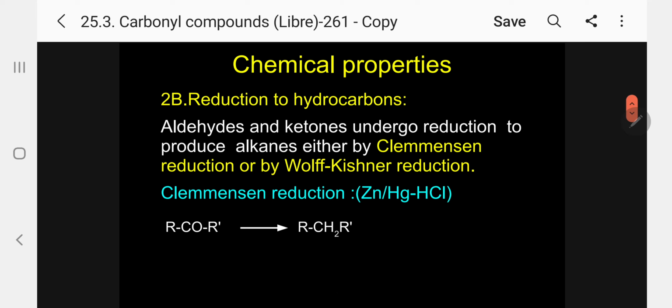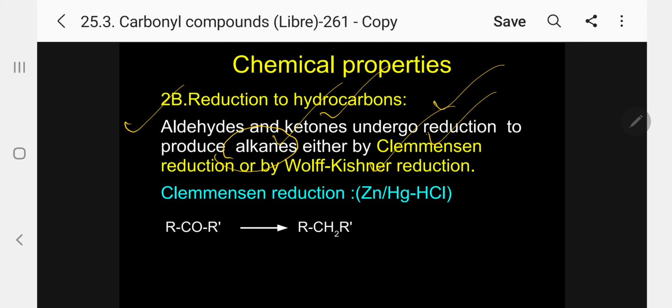Give the example now. Aldehydes and ketones undergo reduction to produce alkanes either by Clemmensen reduction or by Wolff-Kishner reduction. Please follow. Aldehydes and ketones undergo reduction to produce alkane. First we have seen a specific example, the alcohol.